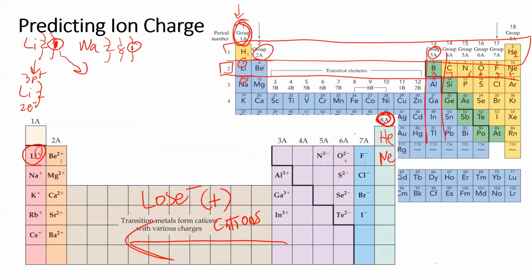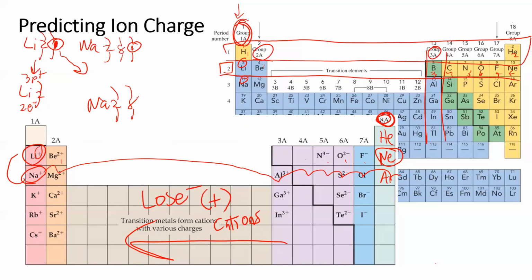Same with sodium. It could try to be like argon, but it would have to gain 1, 2, 3, 4, 5, 6, 7 electrons. Instead of stealing 7, it could just lose 1 and be like neon, right? Because sodium has 2 in the first shell, 8 in the second, and 1 in the third.